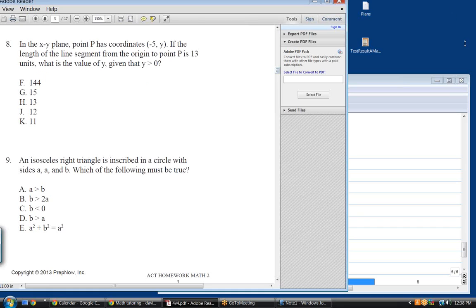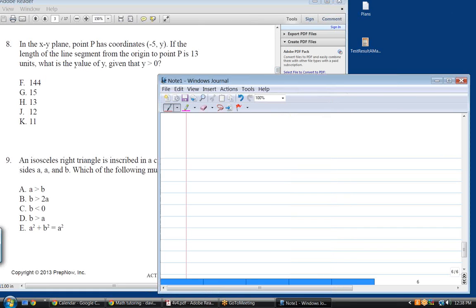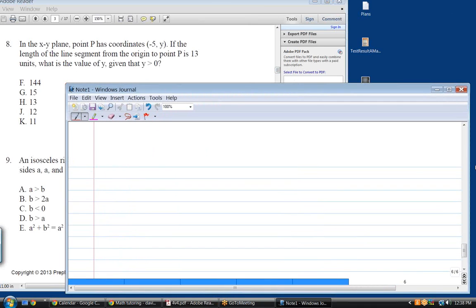All right, let's see. Let's look at number 8. And if you don't really know how to start a problem like this, draw a picture. That's always a good way to start. Okay? We have a point P that is at minus 5 comma y. Well, there's minus 5.